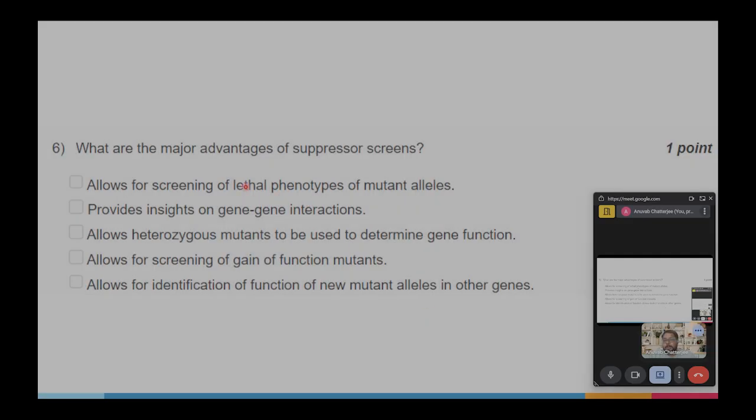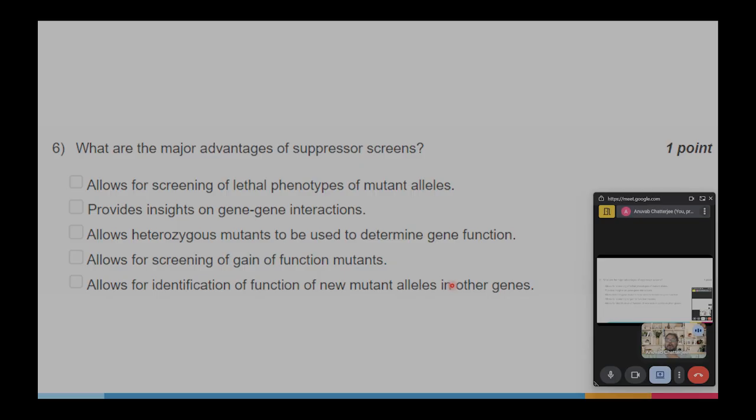Moving forward, what are the advantages of suppressor screens? The options are: it allows for screening of lethal phenotypes of mutant alleles, provides insights on gene-gene interactions, allows heterozygous mutants to be used to determine gene function, allows for screening of gain of function mutants, and allows for identification of function of new mutant alleles in other genes.